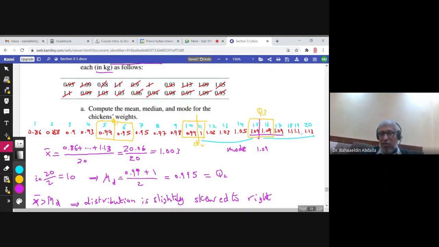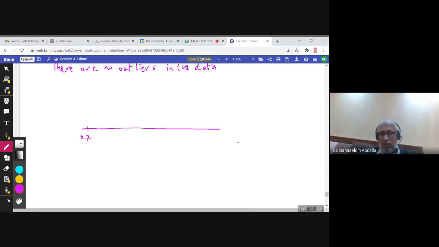Sometimes, if there are outliers, then there are numbers in the data greater than 1.3, so you have to go more than 1.3 on your number line. So if this is 0.7, I can choose this to be 0.8, 0.9, and this is 1, 1.1, 1.2, and 1.3. So that would be enough.